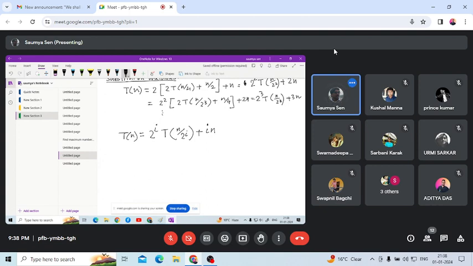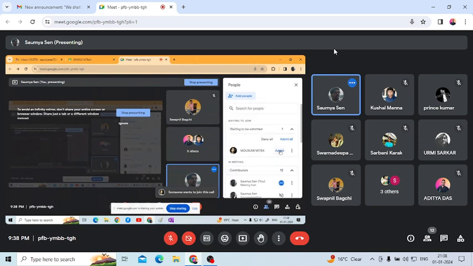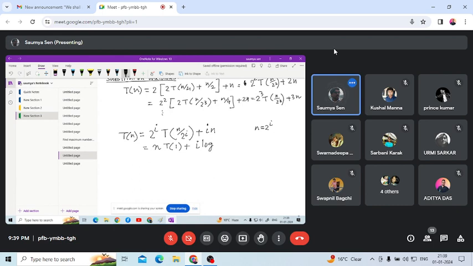So finally, if I say n equals 2 to the power i, then if you put 2 to the power i here, you get n into T of 1 plus i into n, and in place of i we write log n base 2.